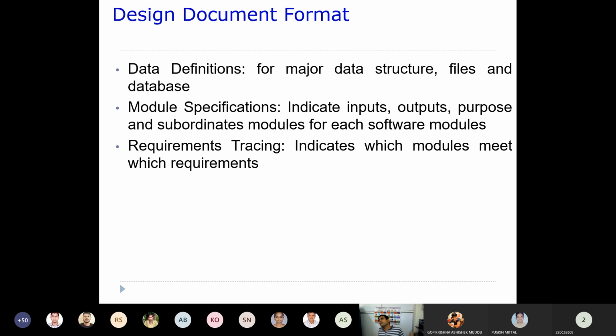The first 3 requirements can be met through module A, the next 3 may be met through module B, and the rest of the 4 requirements can be met through module C. If that is the case, then here you should talk about all those things, right? This module is going to meet this requirement. This module is going to meet this. That means at the end of the day, you should be able to know which requirements are addressed through which particular module.